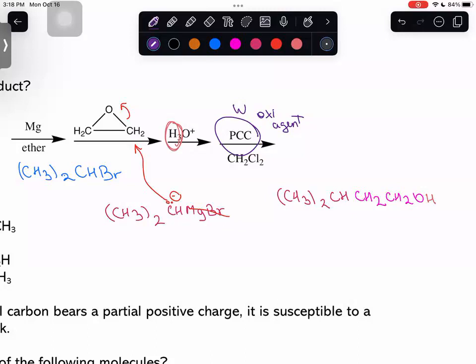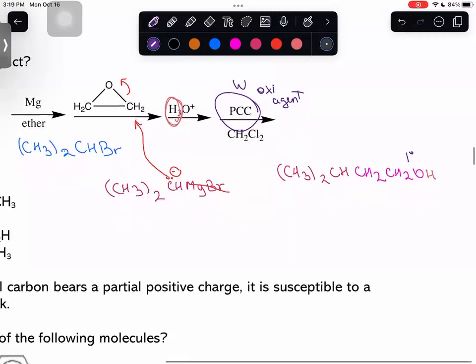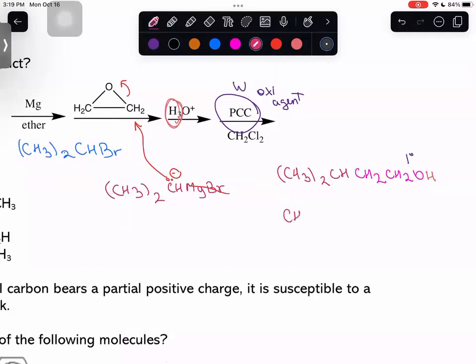I am only connected to one R group, exactly. So primary plus PCC, the weak oxidizing agent. What am I going to create? It's going to be an aldehyde, exactly. So I'm just going to swap that part.